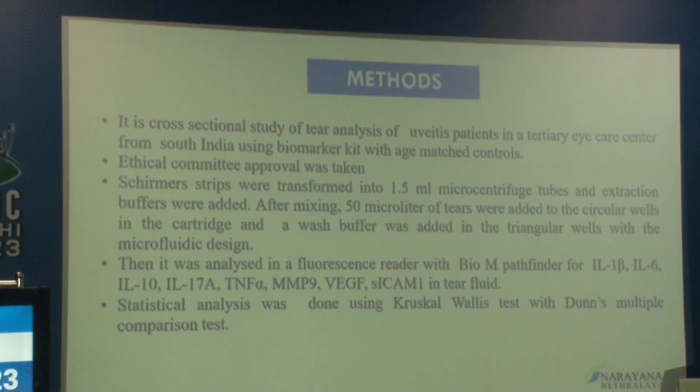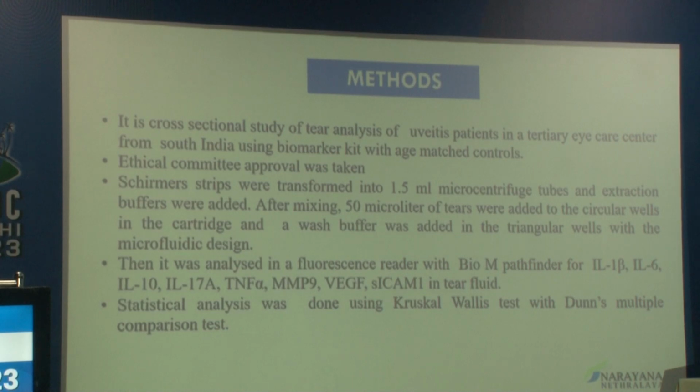These were measured using a fluorescent reader, the BioM Pathfinder, which is specially designed in our hospital, to analyze IL-1 beta, IL-6, IL-10, IL-17A, TNF alpha, MMP9, VEGF, and sICAM-1 in these tear samples.